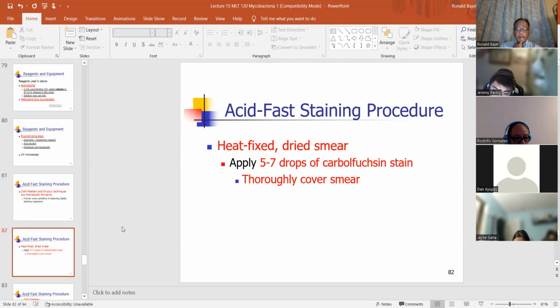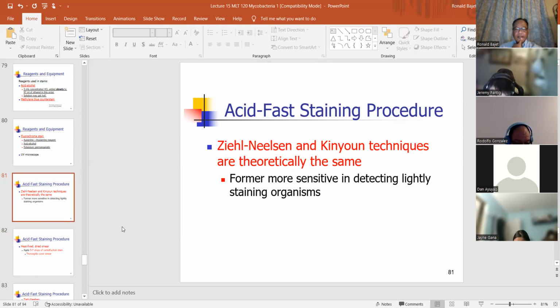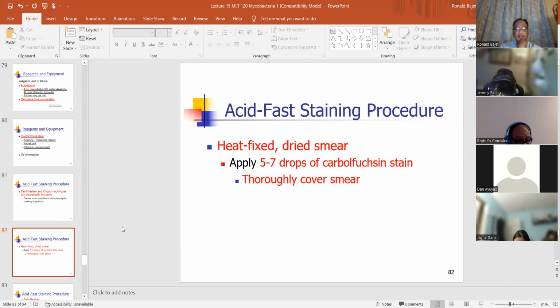For the Ziehl-Neelsen, you make your smear, the heat fixed dried smear, and you apply 5 to 7 drops of carbol fuchsin stain.